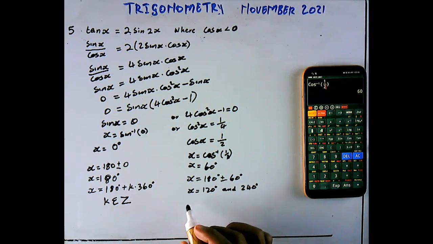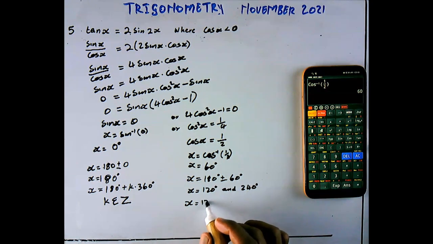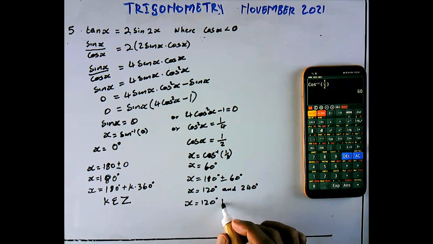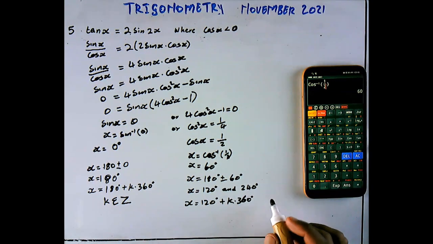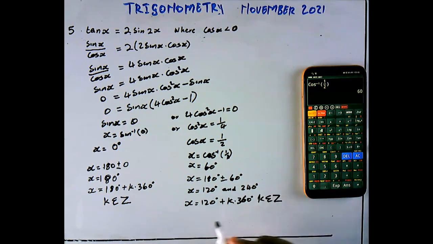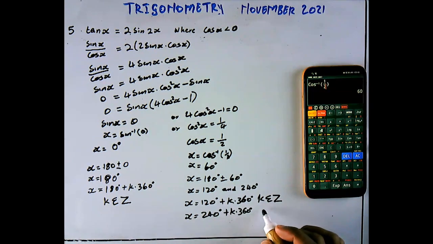So our general solution is going to be x equals 120 degrees plus k multiplied by 360 degrees, where k is an integer. Again, x equals 240 degrees plus k multiplied by 360. Again, we must mention k is an integer.